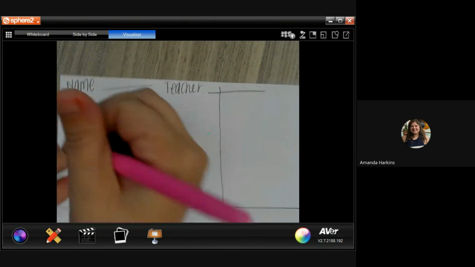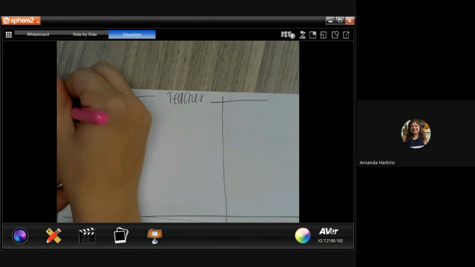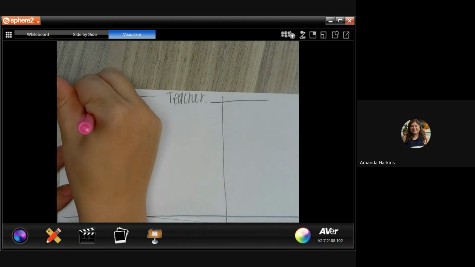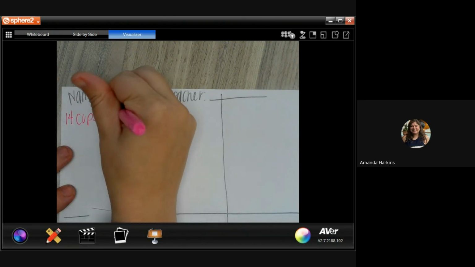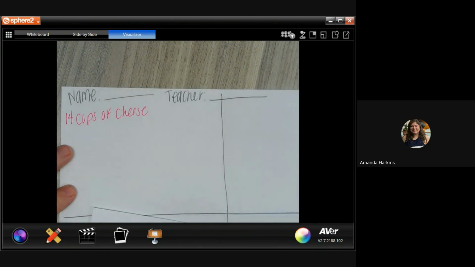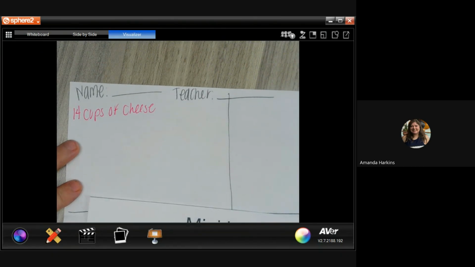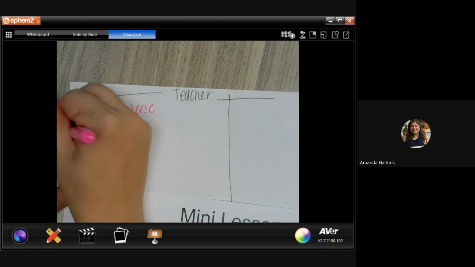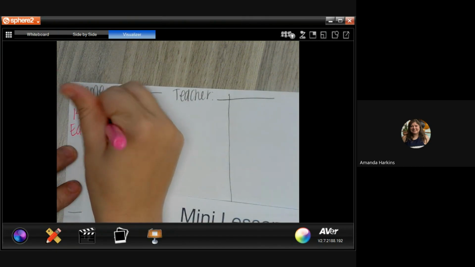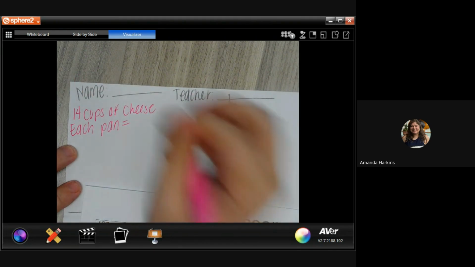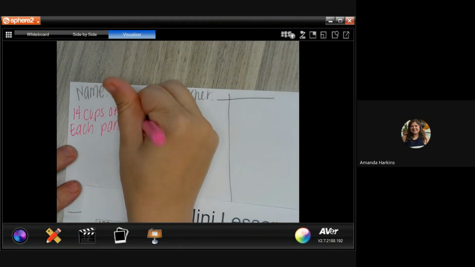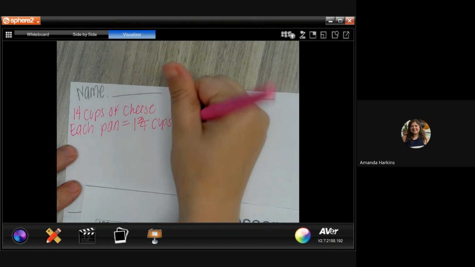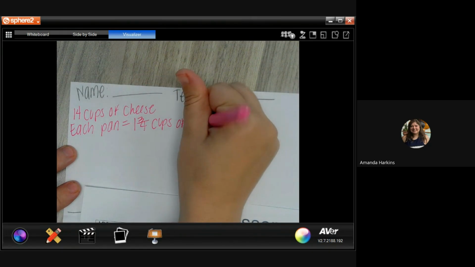First off, we know we have 14 cups of cheese, and each pan needs to have 1 3/4 cups of cheese.